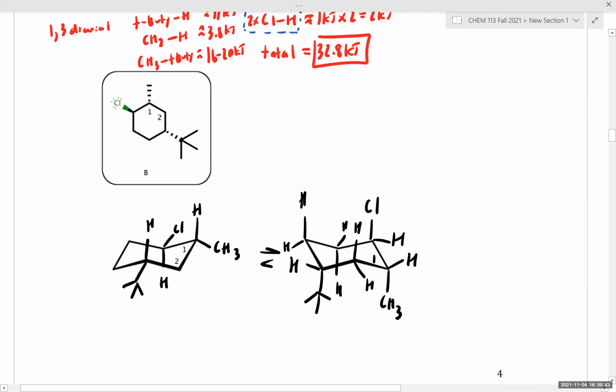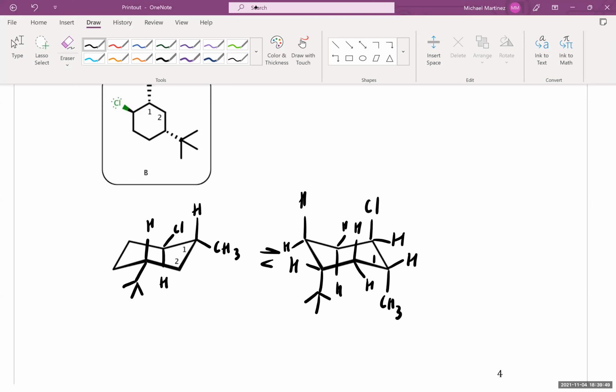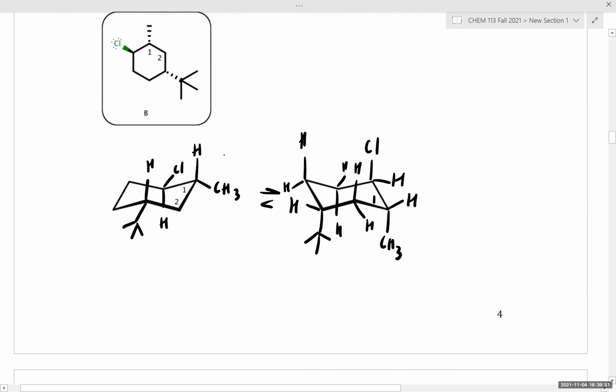Okay, so looking at our first chair conformation, what interactions do we have? Do we have any diaxial interactions in this first chair conformation? No. So what interactions do we have? Instead of diaxial interactions, we have another brand of gauche interaction, between what two substituents?